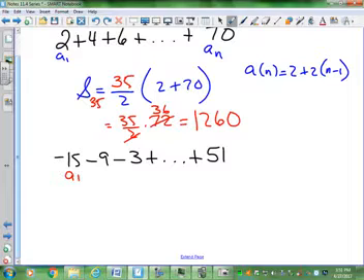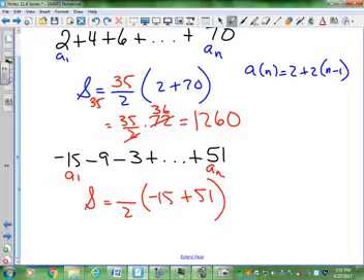So here's A sub 1, and here's A sub n. So again, I don't know n. I've got the first number, I've got the last number. So I need to make my arithmetic formula so I can go put it in the calculator. So A sub n equals -15 plus 6 times n minus 1 because it's going up by 6's.